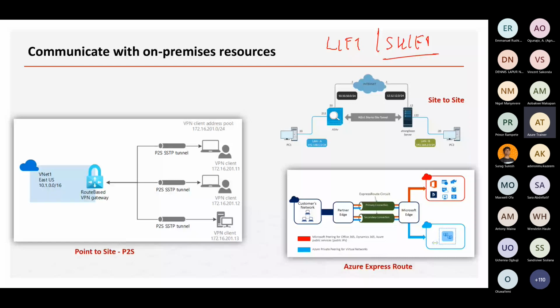Lift and shift means the customer is not ready or not willing to completely move the infrastructure to the cloud. In that kind of situation, the customer may be holding 20 percent of their infrastructure at the existing customer place. So you need to have a well encrypted channel available that will help you communicate with the on-premises solution.